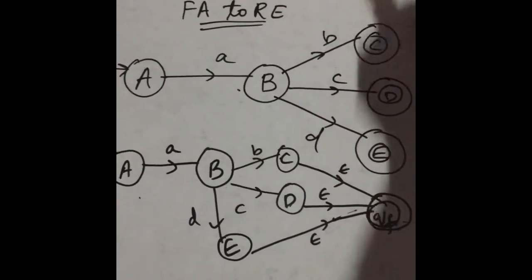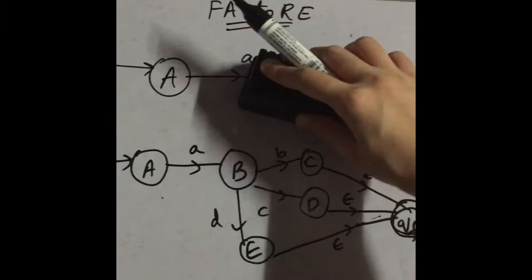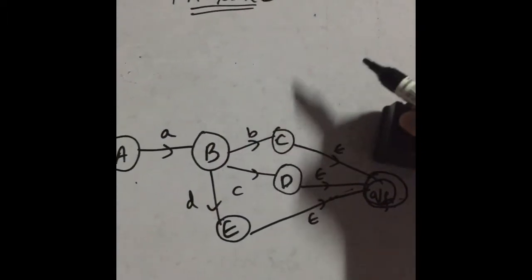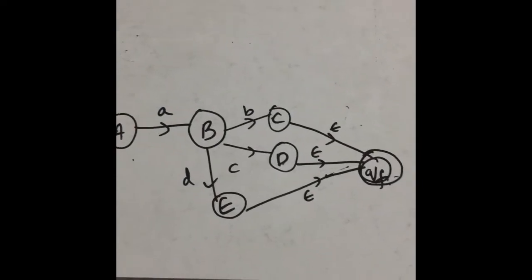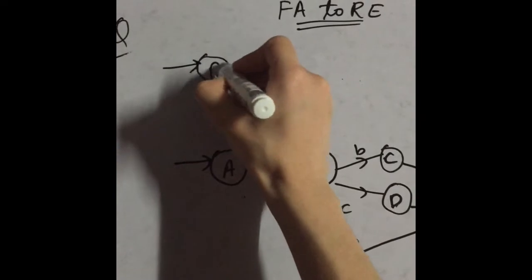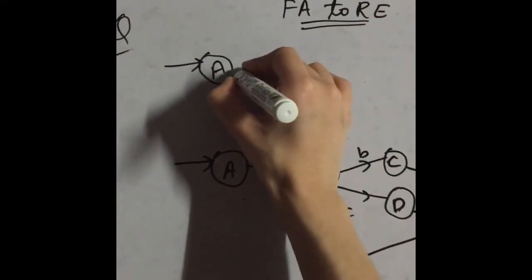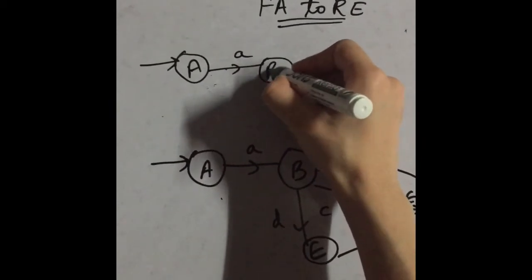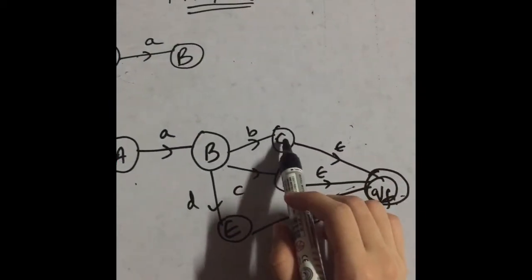Let's do it. How to do it? This is my A state, and now we remove the null transitions.